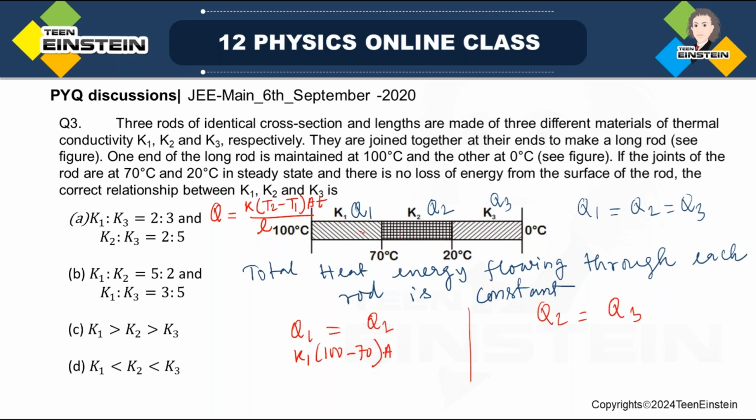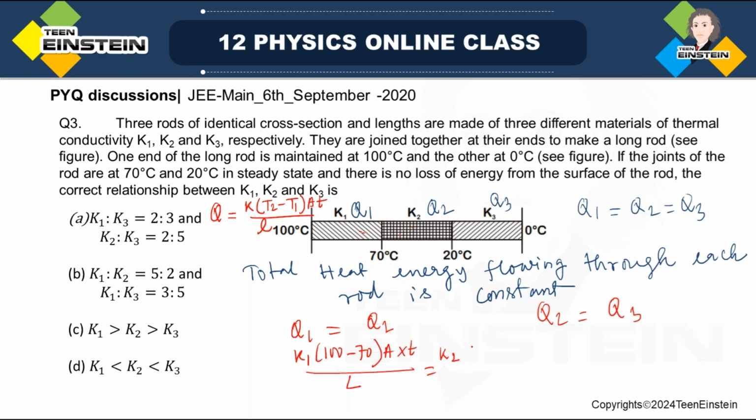Then area, time, anyway let us take any time T, and length is some capital L. And for this also, only K2 is different, and the temperature difference will obviously be different.